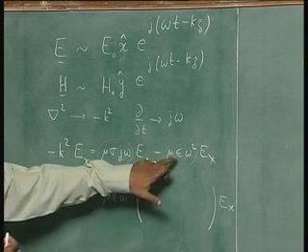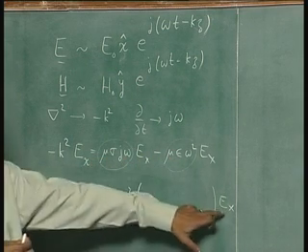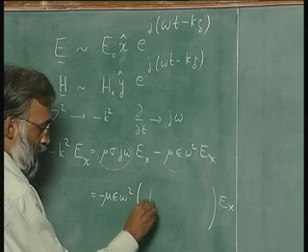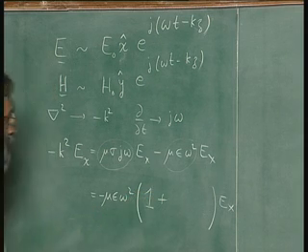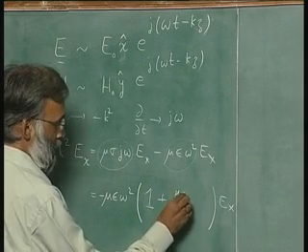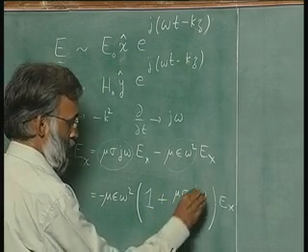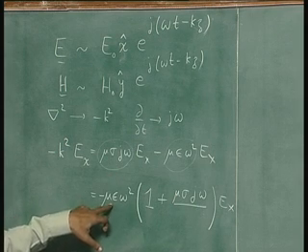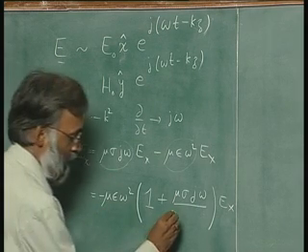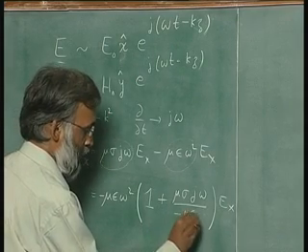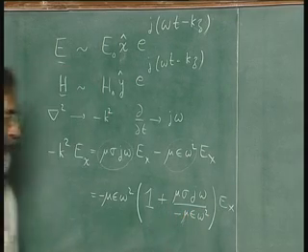Now, this term is just 1, because all the terms corresponding to it are already outside. So, it is 1 plus, well, for this term we will put in the numerator mu sigma j omega, but we will have to divide by this term, which is extra. So, divided by minus mu epsilon omega squared.